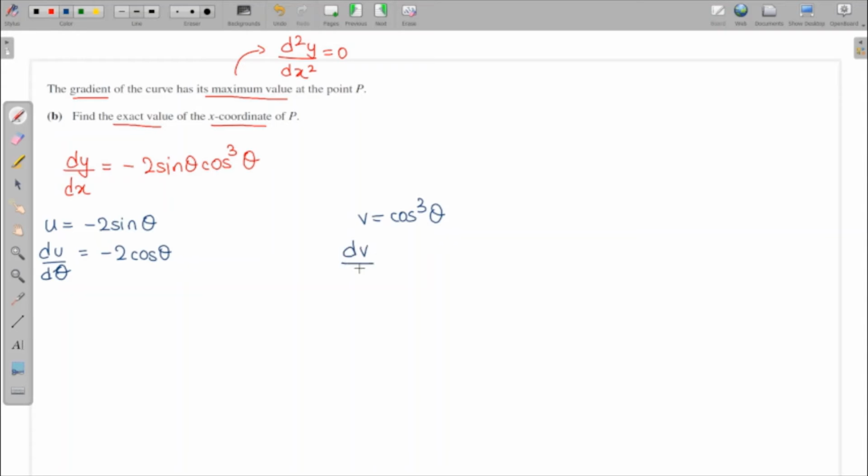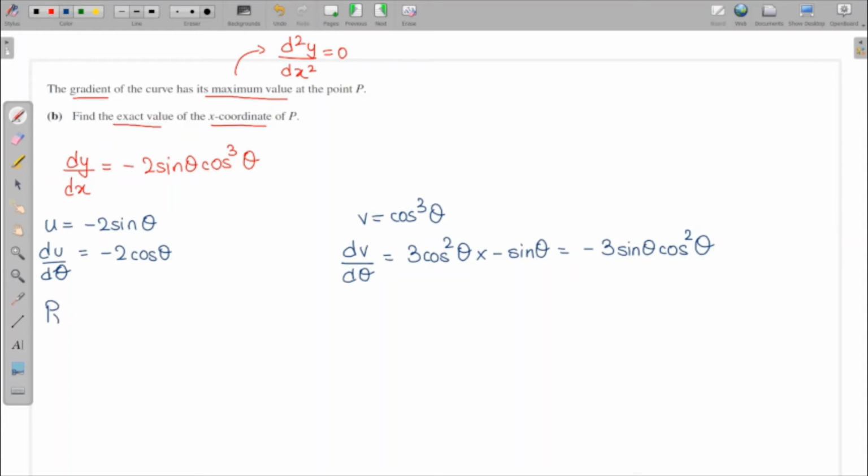And next, when we differentiate v with respect to theta, this will give 3 cos square theta, and next when we differentiate cos we will get minus sine theta. So this will be equal to minus 3 sine theta cos square theta.